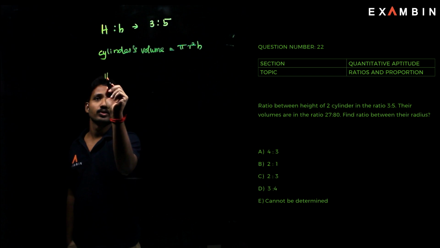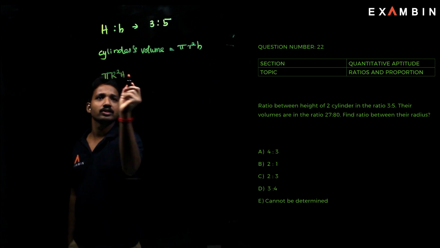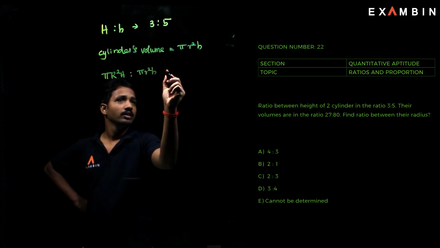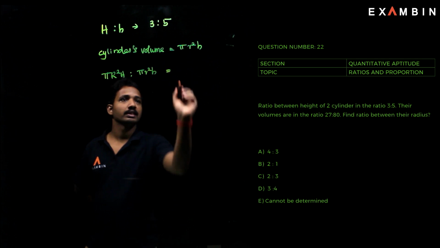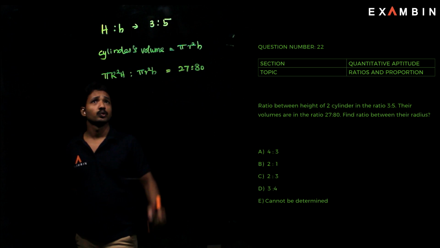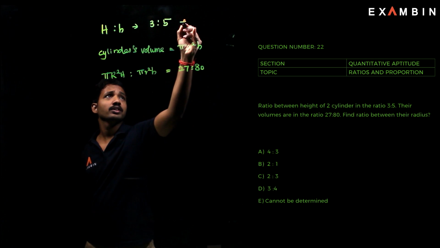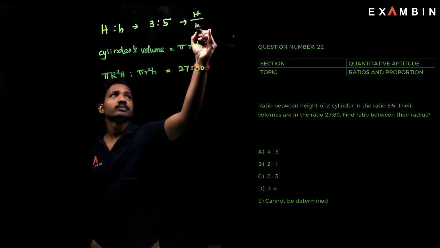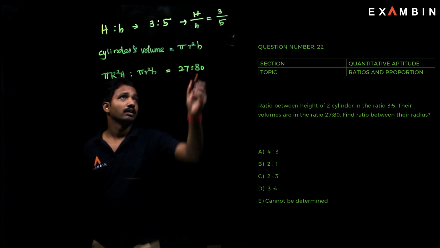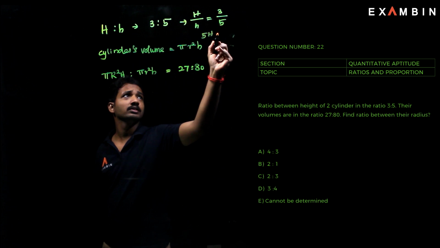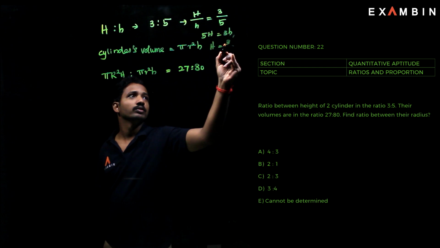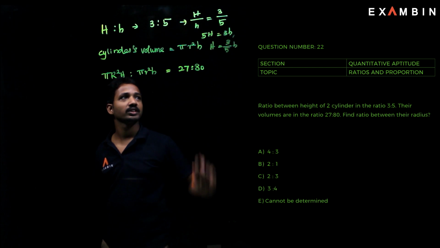So the ratio pi capital R square capital H to pi small r square small h is 27:80. Here H divided by small h is equal to 3/5, so 5 capital H is equal to 3 small h. Capital H is equal to 3/5 small h.